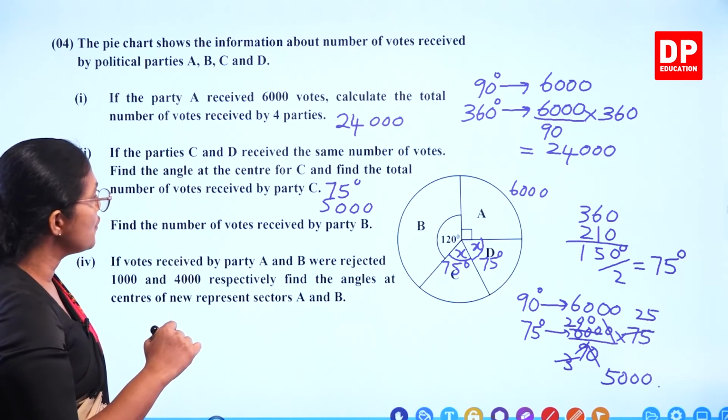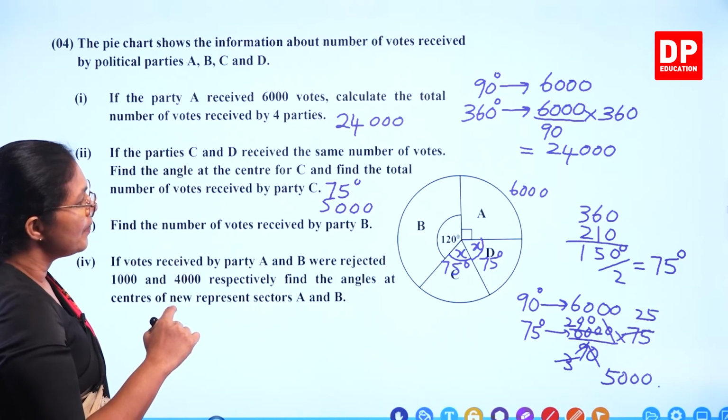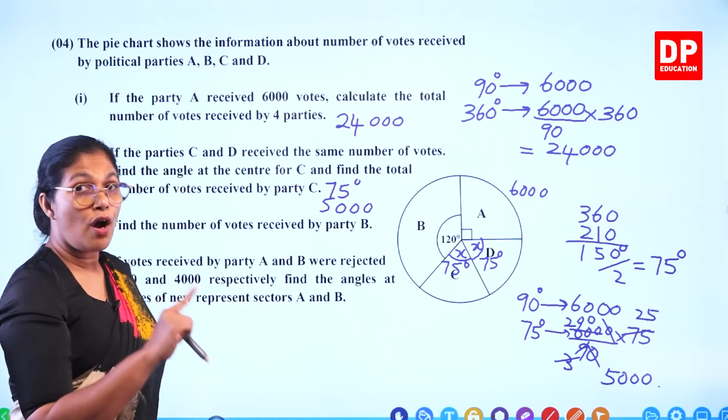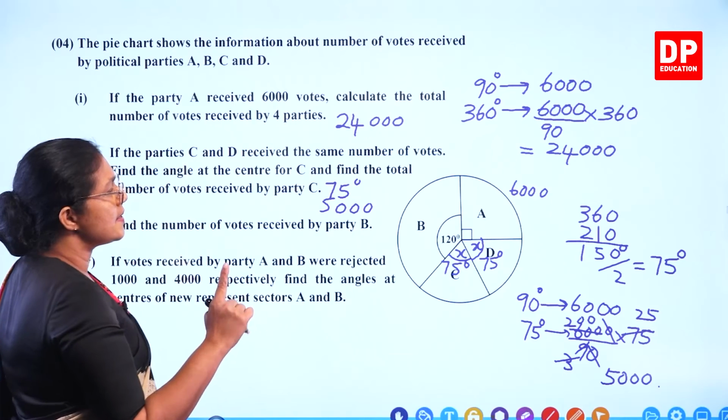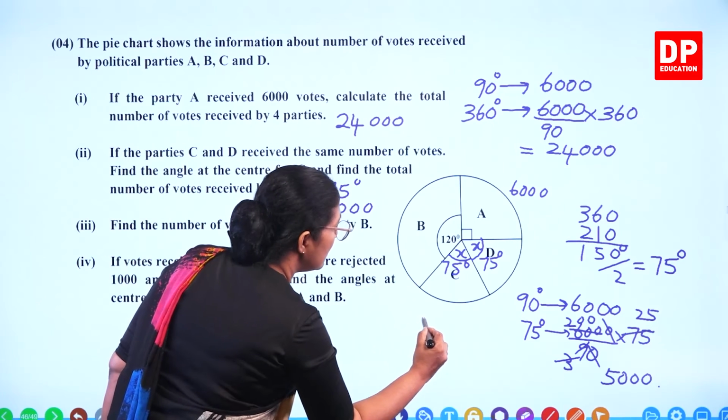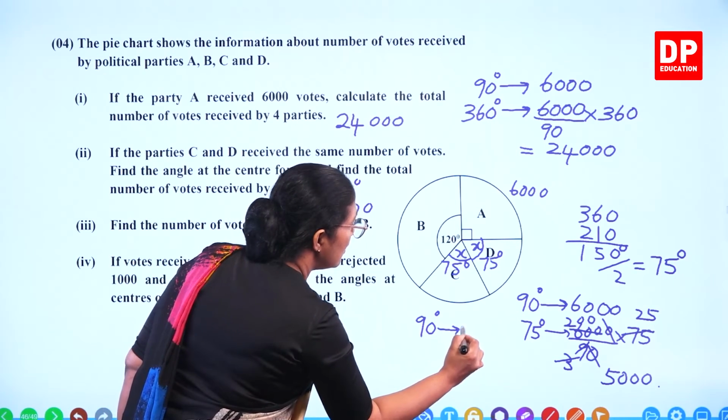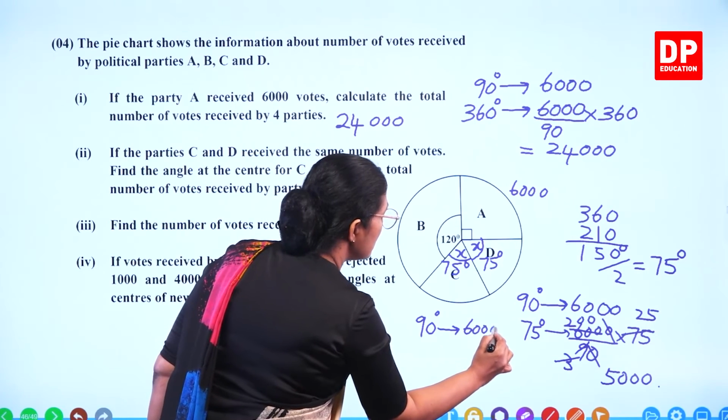Find the number of votes received by party B. Now you need to find out for 120 degrees. 90 means 6,000.